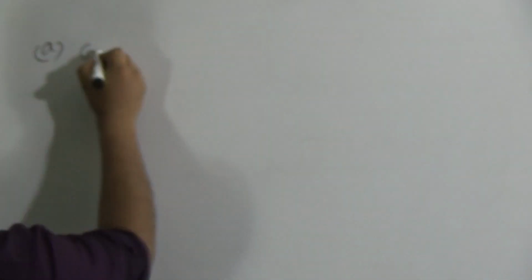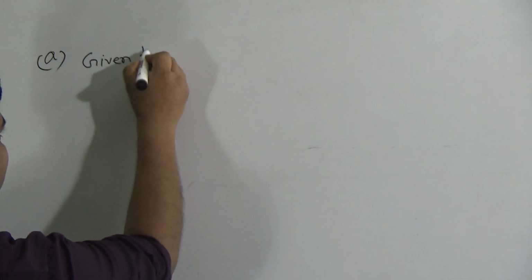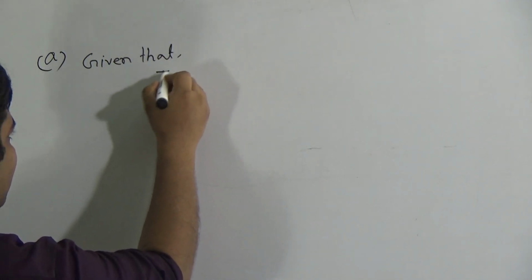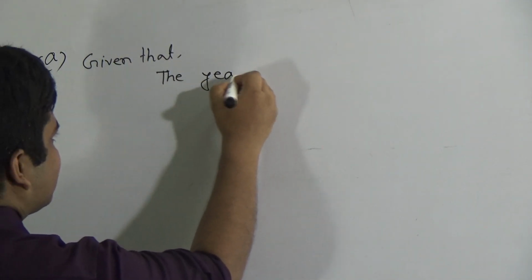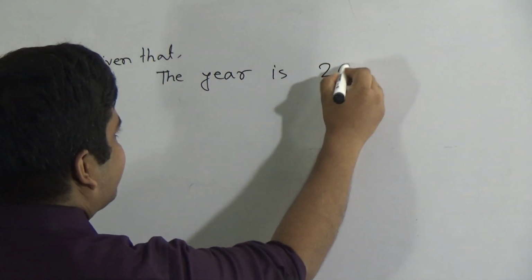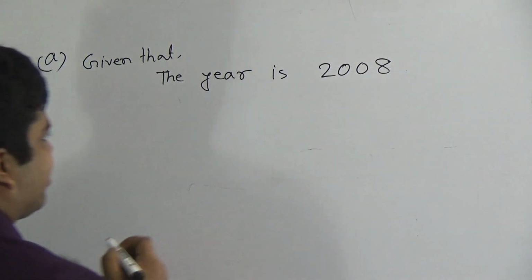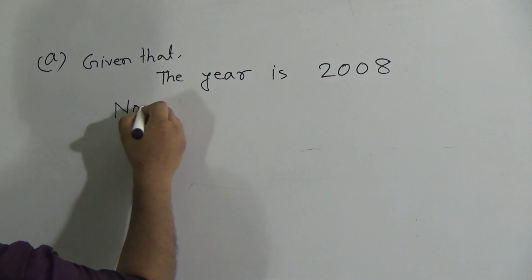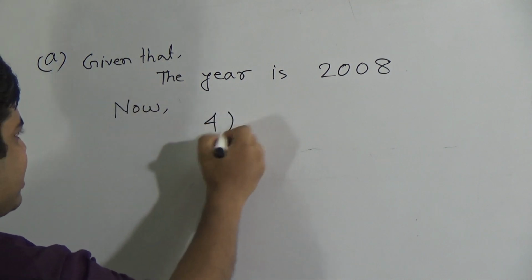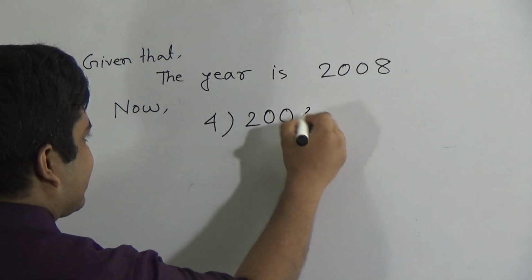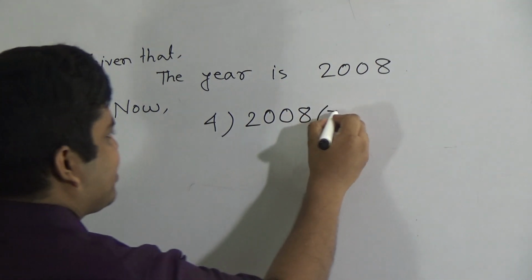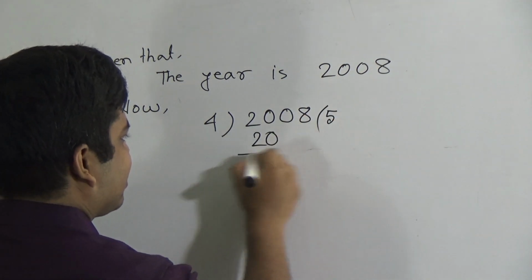Given that the year is 2008. Okay, now we divide 2008 by 4. 4 5s are 20.